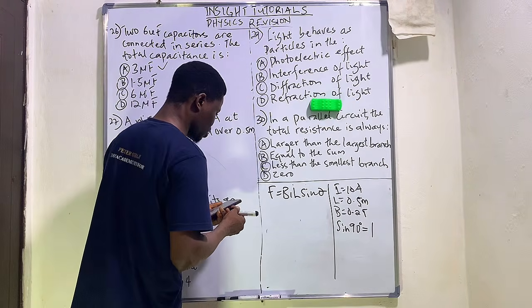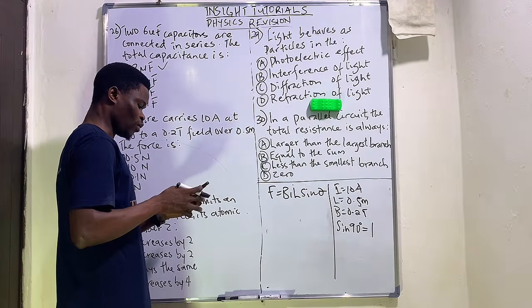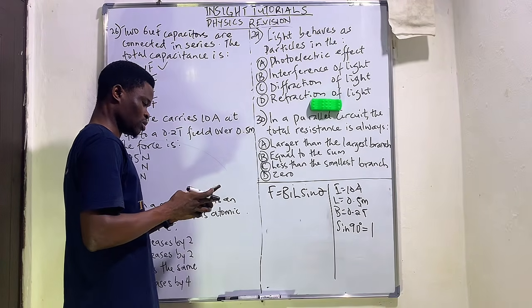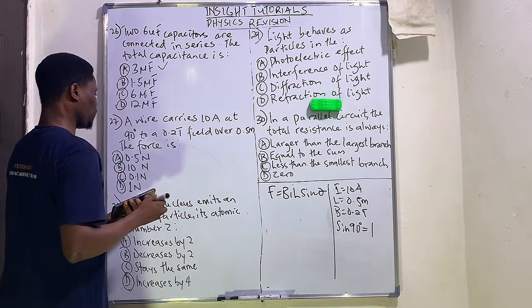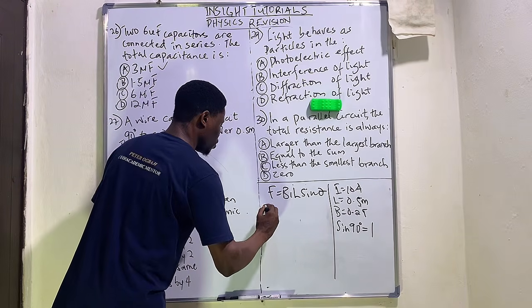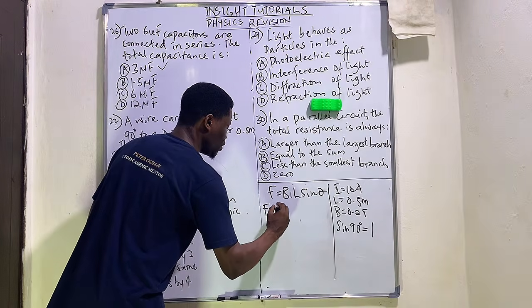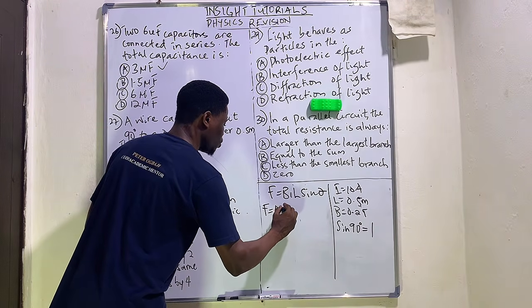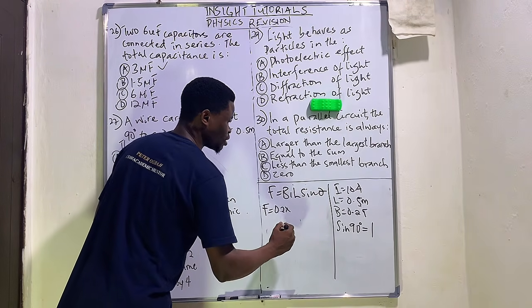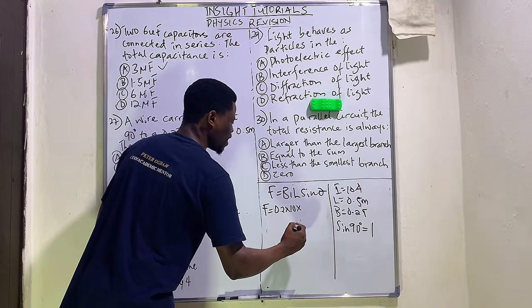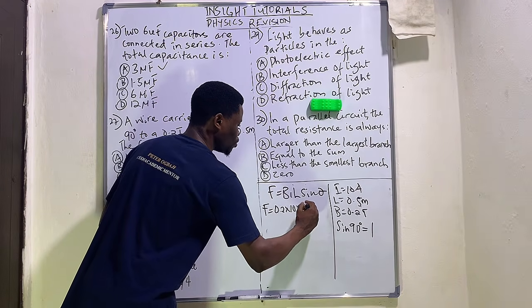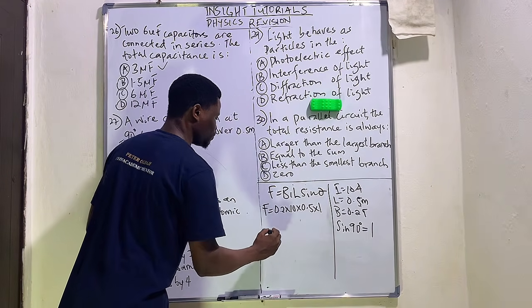So we're going to apply this straight up and solve for this particular question. The force on this current carrying conductor is going to be our magnetic field of 0.2 times the current of 10 ampere times the length of 0.5 times 1.